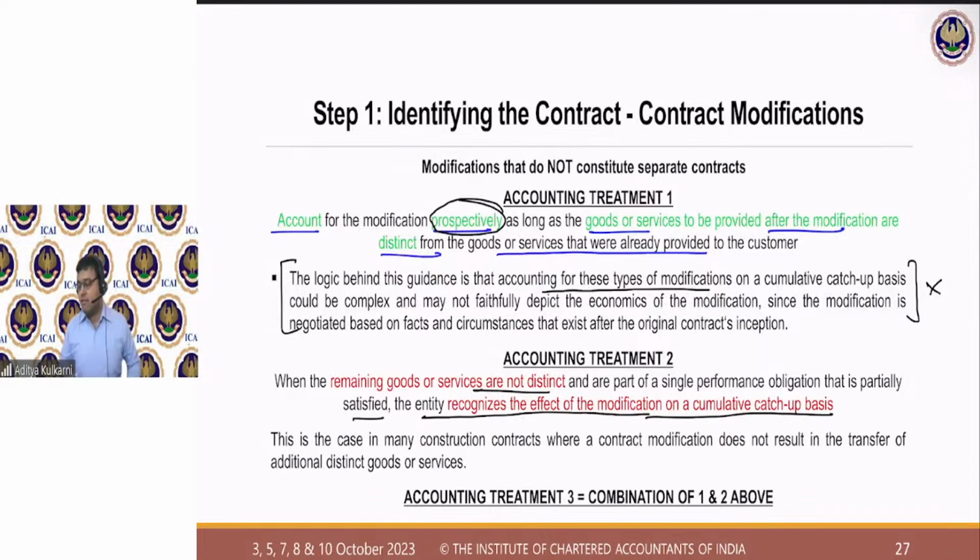If goods or services are not distinct, you do a cumulative catch-up adjustment. Cumulative catch-up adjustment means what? You take the total revenue from inception up till the date of modification. That total revenue minus what was recognized earlier will become the revenue to be recognized in the current year.